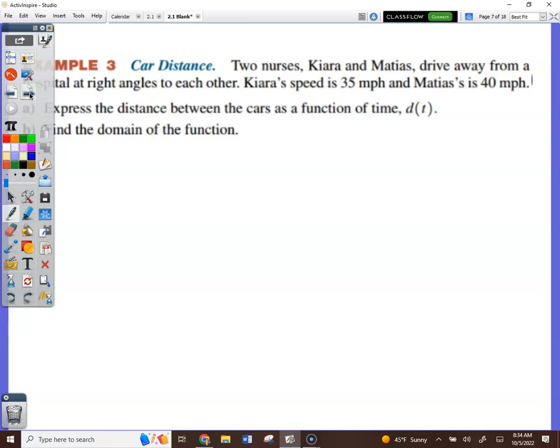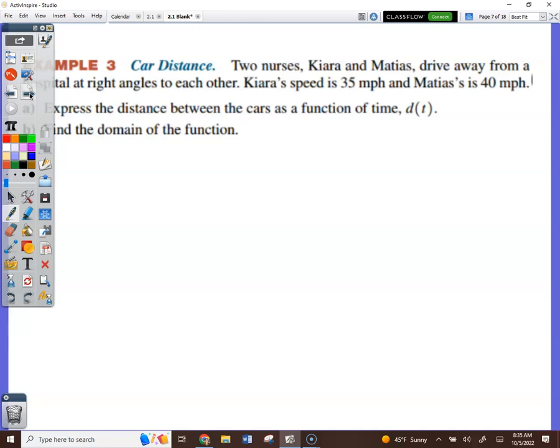Two nurses drive away from a hospital at right angles to each other. One nurse's speed is 35 miles an hour, and the other nurse's speed is 40 miles an hour. Express the distance between the cars as a function of time, then find the domain of the function.